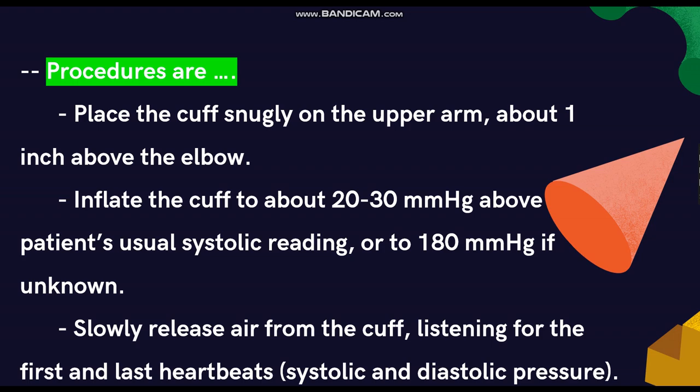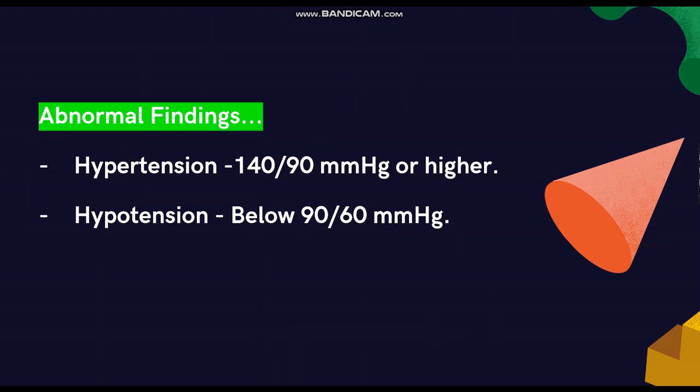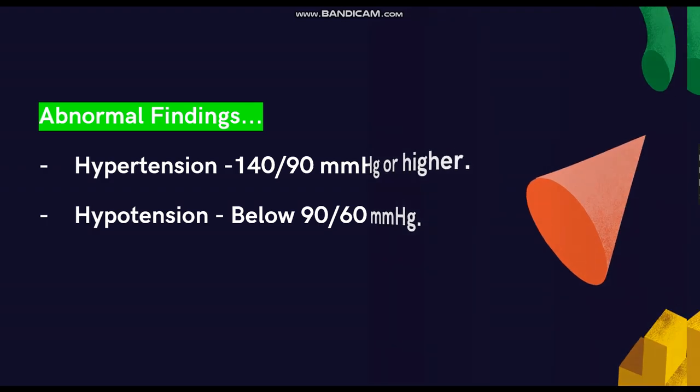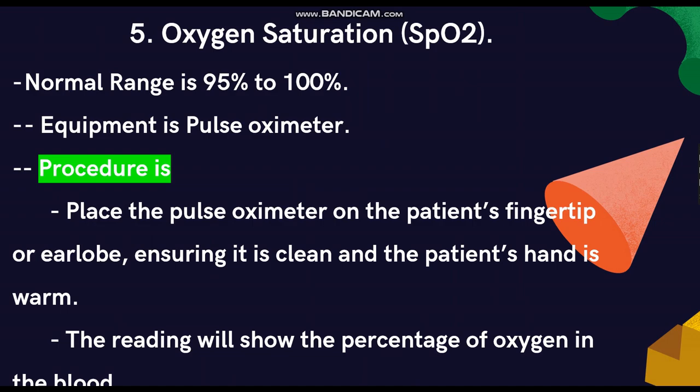Slowly release air from the cuff, listening for the first and last heartbeats. Abnormal findings: hypertension, 140 by 90 mm of Hg or higher; hypotension, below 90 by 60 mm of Hg.